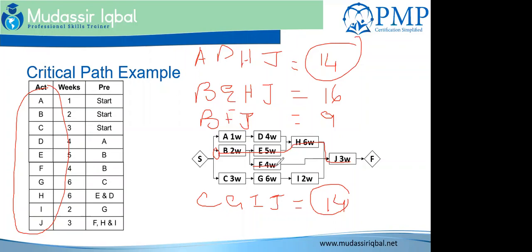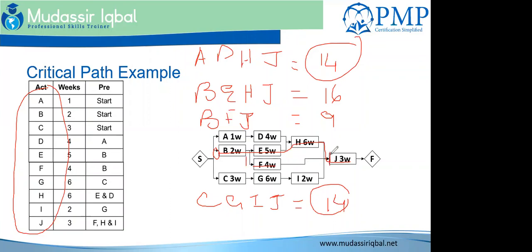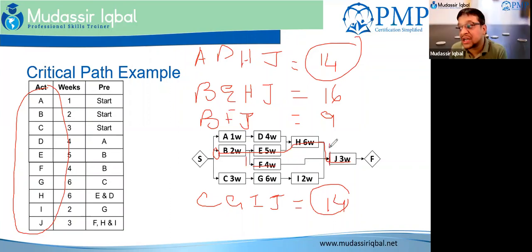So you can start F from the second week until the 14th week. In between, you can do activity F anytime and it will not delay your project. So that is called a float. How much time or duration you can delay the activity without delaying the project or the next activity that you have.